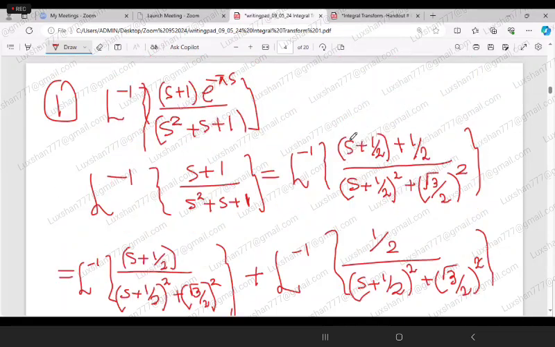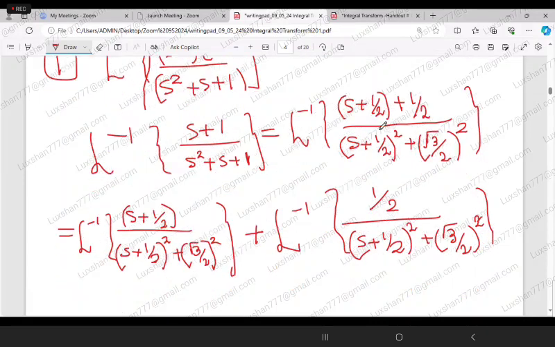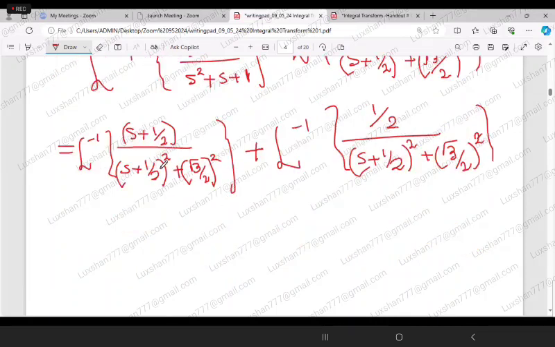In the numerator I have made s plus half, and in the denominator also s plus half, because here I am going to use the first shifting property. So what does the first shifting property say? Can anyone tell me?